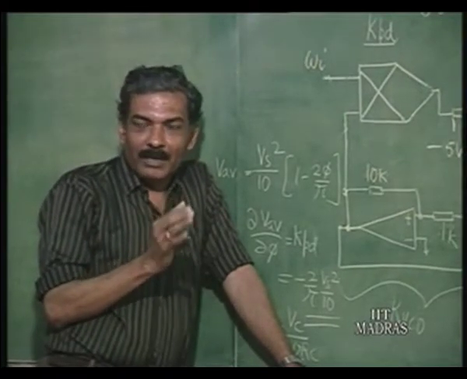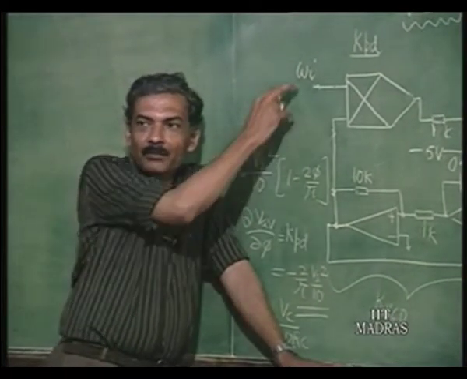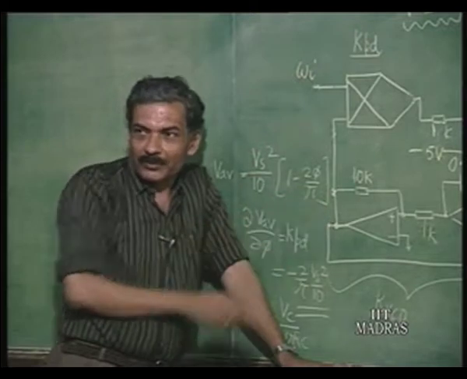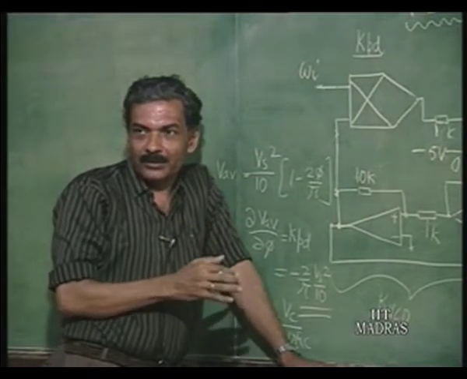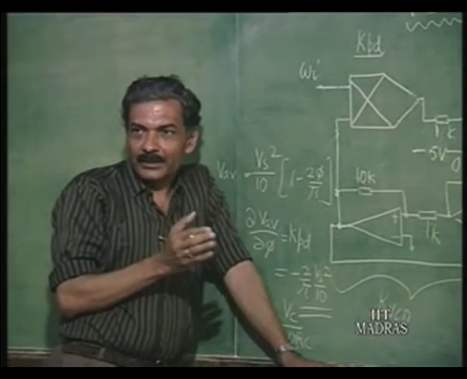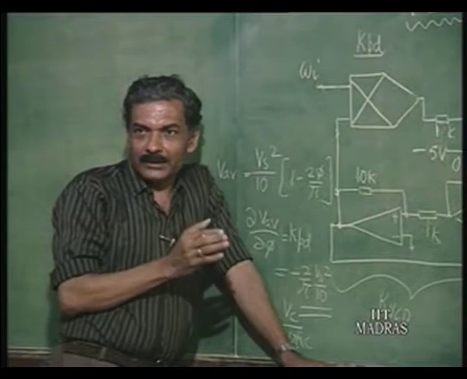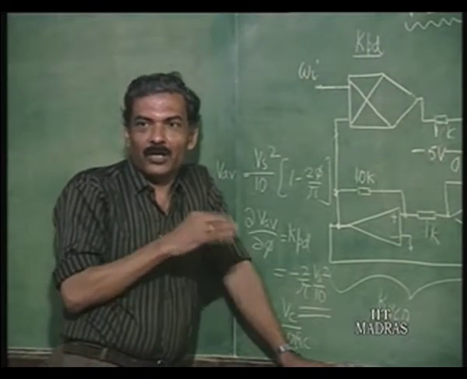The moment it gets locked, you will get a stable waveform, both for the input as well as the output. So, this is the way to recognize that it has got locked. When it goes out of lock, once again it starts moving. So, this is a demonstration of whether it is locked to the input or not.